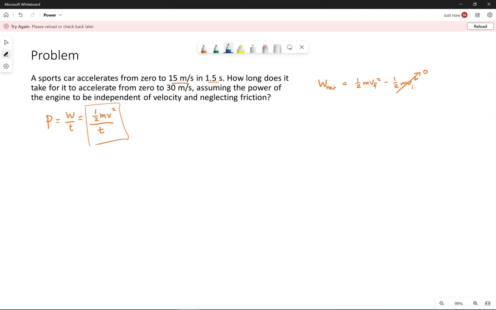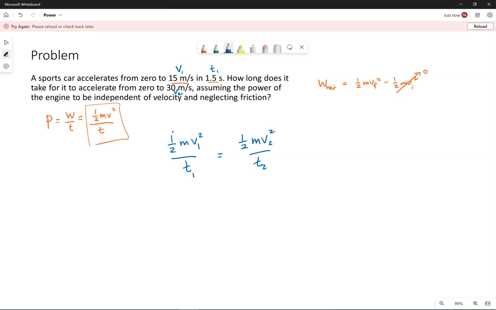So I'm going to say 1/2 m, I'm just going to call this a V1 and a T1. So that power in situation 1 needs to equal the power in situation 2. So V2 is the 30, T2 is the time we're trying to find.